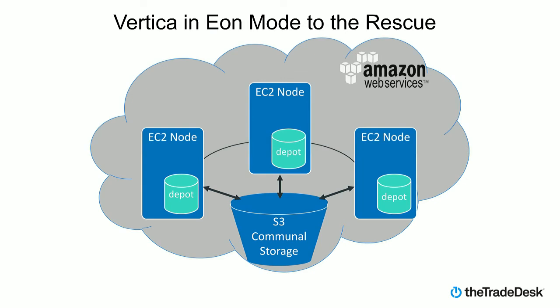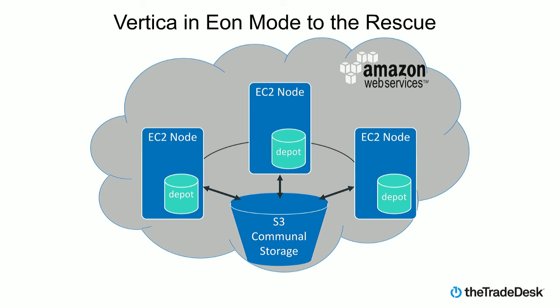Now what happens is when a query runs, it runs on one of the three nodes that you see here. We'll talk about the depot in a second, but in a brand new cluster where we just spun up the hardware, the query will run on those EC2 nodes, but there will be no data.